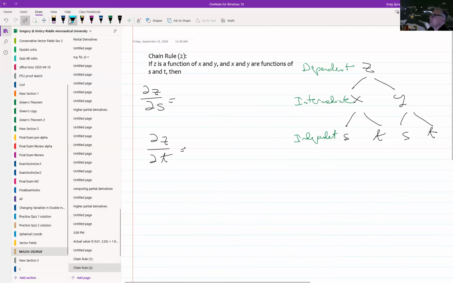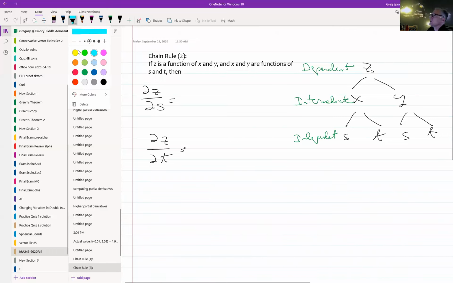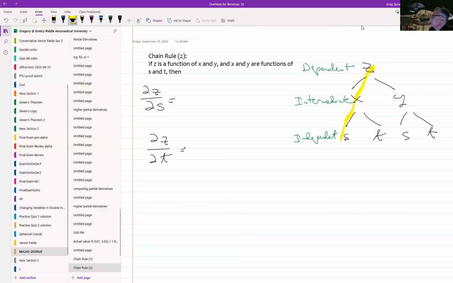Now to find del z del s, I start at the top of the tree at z and look at all the ways I can go down to s. And there are two such paths. Along each path, I take the derivatives between the variables, multiply them, and then I add those products.